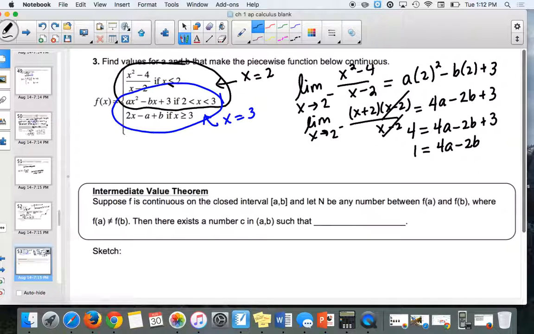Do you guys see that we're going to have a second equation that has a and b? So now we're going to plug in 3 to the other one. This one's not one where we have a denominator where it's undefined, so I would just plug in 3 into both of them. So you're going to have 9a minus 3b plus 3 is equal to, so I plugged in 3 into the first, 6 minus a plus b.